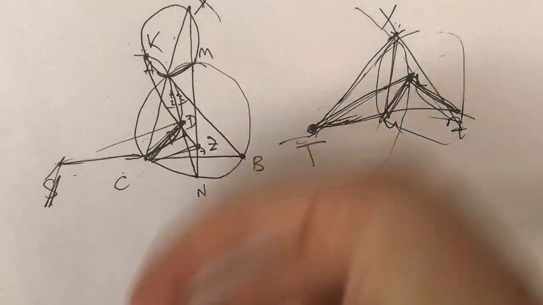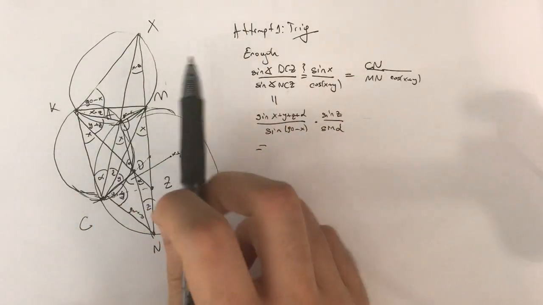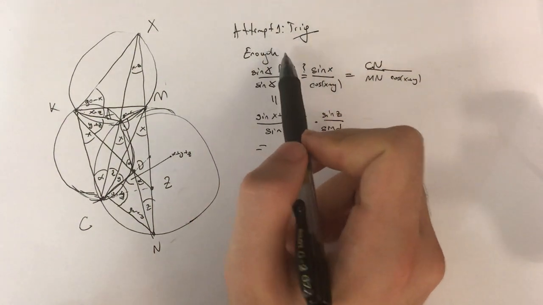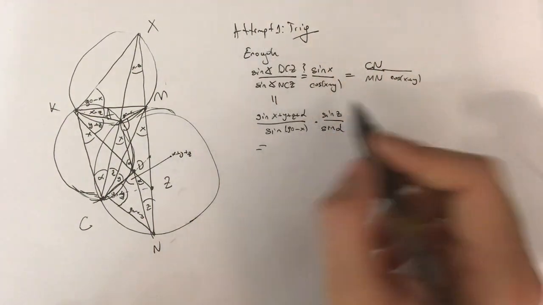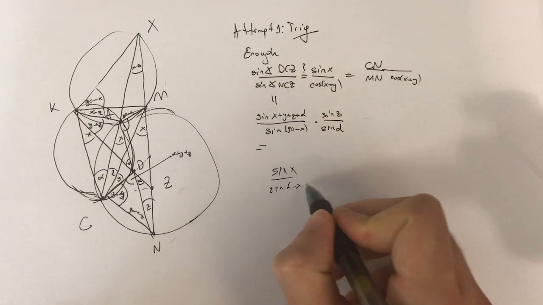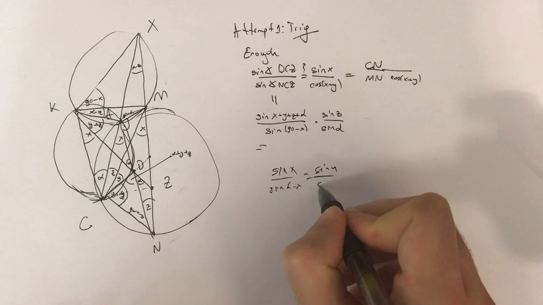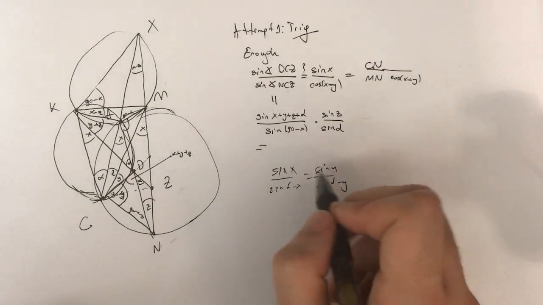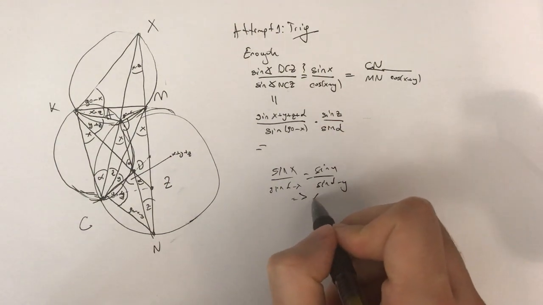Here's the next step. Before I tell you the solution, I want to tell you what I actually tried. I tried a trigonometric attempt, and what I needed to prove was, using the lemma that if sine of x over sine of alpha minus x is equal to sine of y over sine of alpha minus y, and both x and y are between 0 and alpha, that implies x equals y.